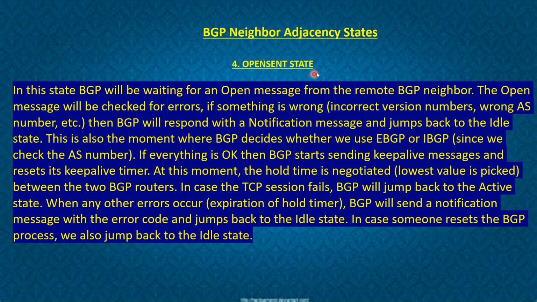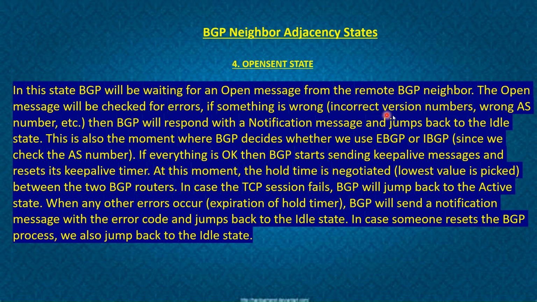The fourth state is the open sent state. In this state, BGP will be waiting for the open message from the remote BGP neighbor. The open message will be checked for errors. If something is wrong, like an incorrect version number or wrong AS number, the neighborship will not form.